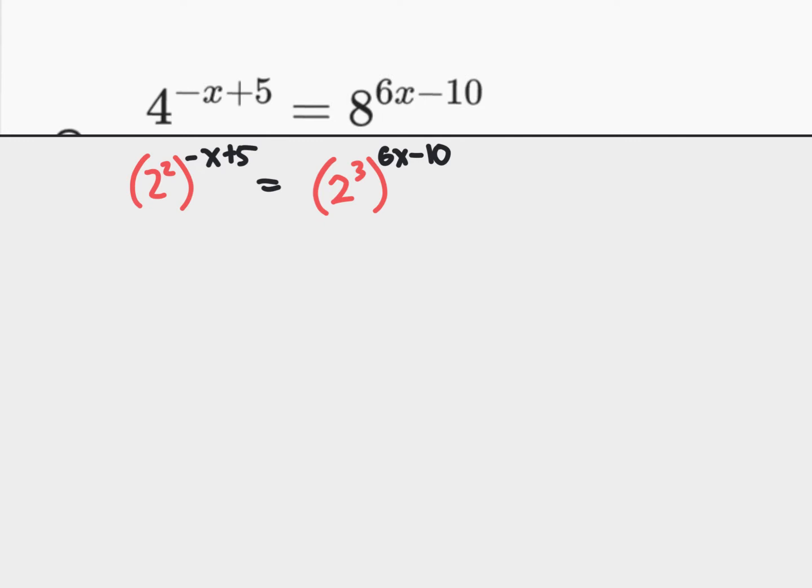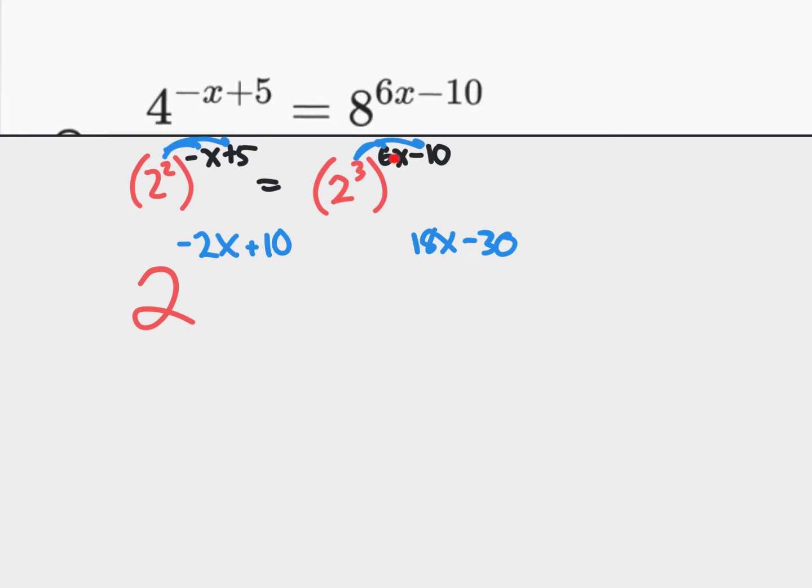However, I do need to distribute power to a power. 2 times negative x is negative 2x. 2 times 5 is positive 10. 3 times 6x is 18x. 3 times negative 10 is negative 30. And of course, when you distribute power to a power, this is your new power over the base 2. So you have a big giant 2 right there.